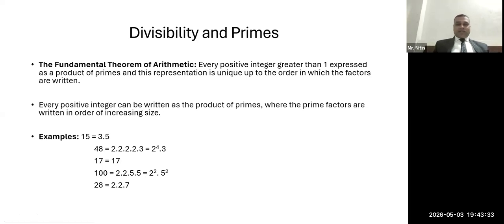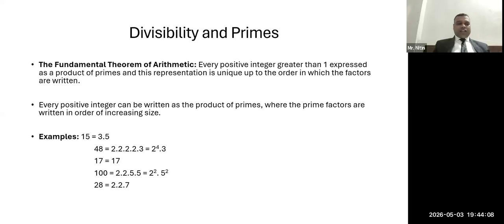Prime numbers are positive integers, right? In the fundamental theorem of arithmetic, we say the number is greater than 1 and can be expressed as a product, meaning multiplication, of prime numbers, and this representation is unique up to the order in which the factors are written. So we can find the number of factors. With an example we will understand.